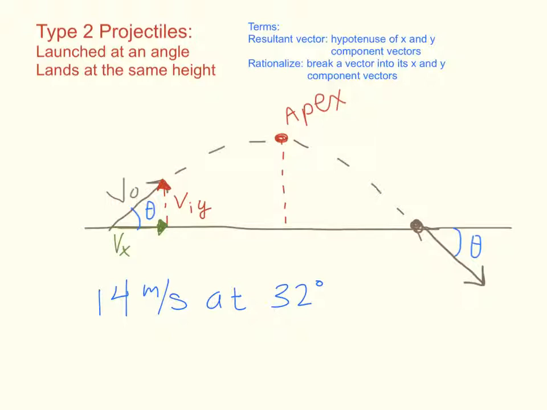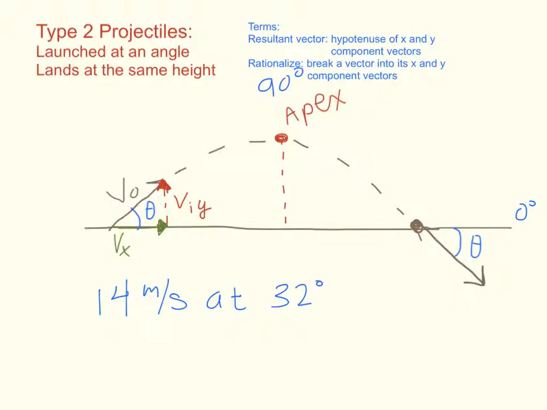So usually that's with respect to whatever the horizontal axis is, whatever this x-axis is, usually with respect to 0 degrees. If this was an xy coordinate plane, this down here would be considered 0 degrees. Up here would be considered 90 degrees.